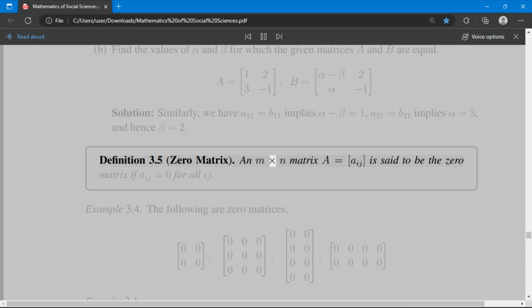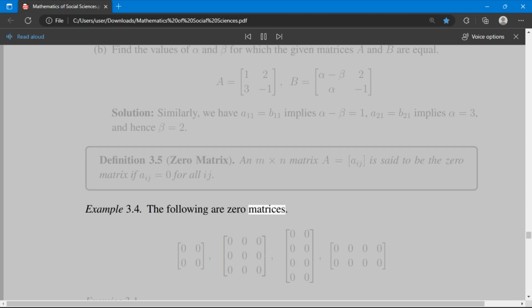Definition 3.5. Zero matrix. An M times N matrix A equals Aij is said to be the zero matrix if Aij equals 0 for all i, j.